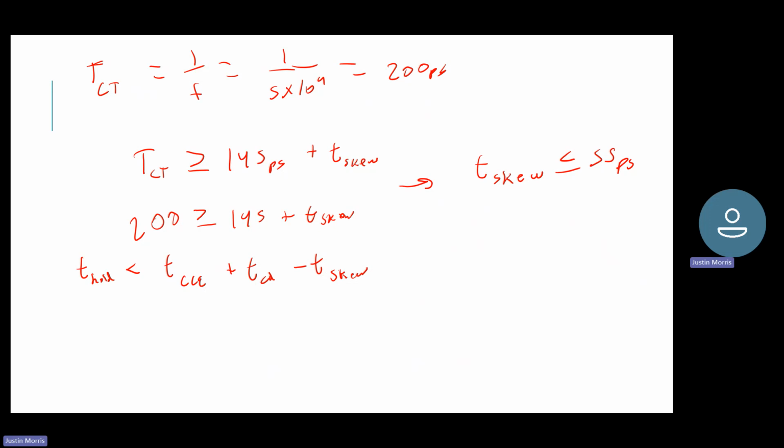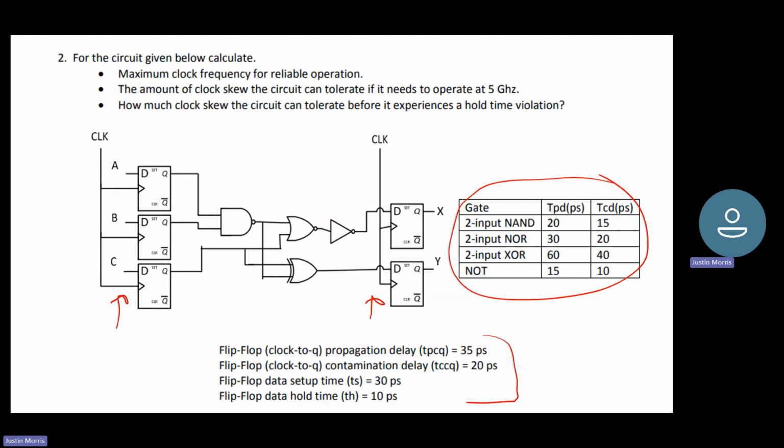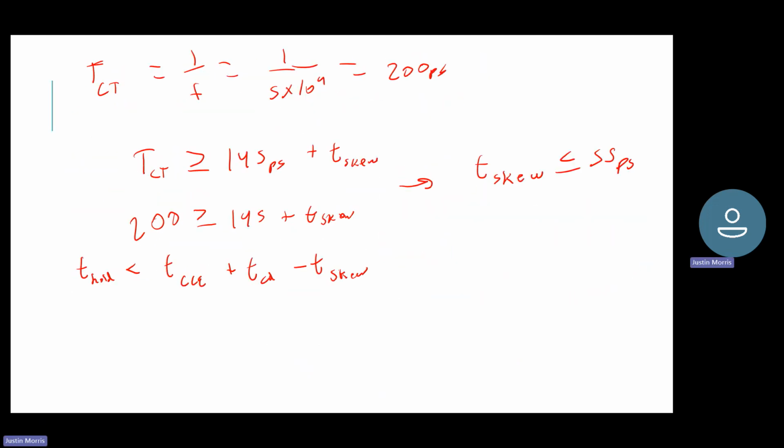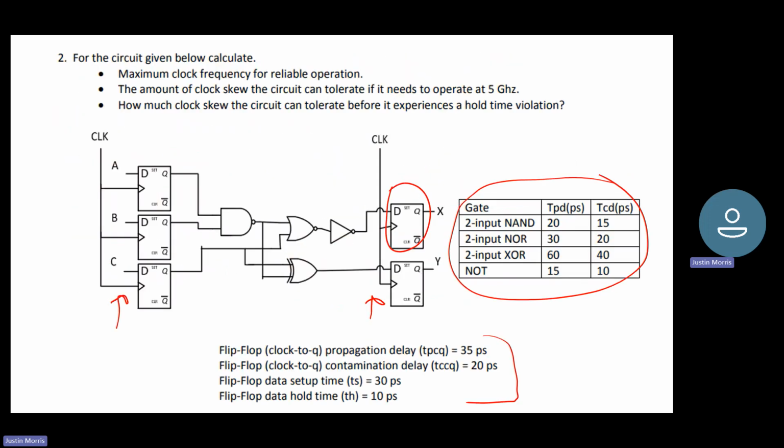Because if the clock comes late for these registers over here, then we need to make sure that our contamination delay is even longer, because the hold time hasn't even started yet if it comes late. This is the shortest path with contaminations as well. So you're not using propagation, you're using the contamination delays.